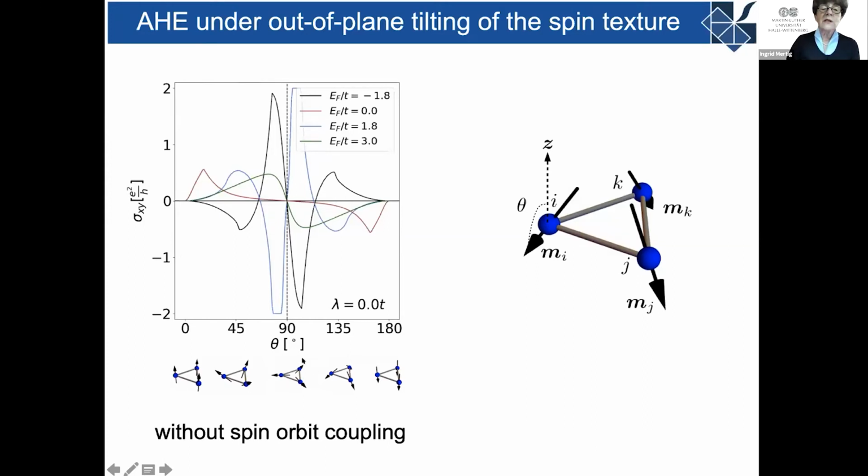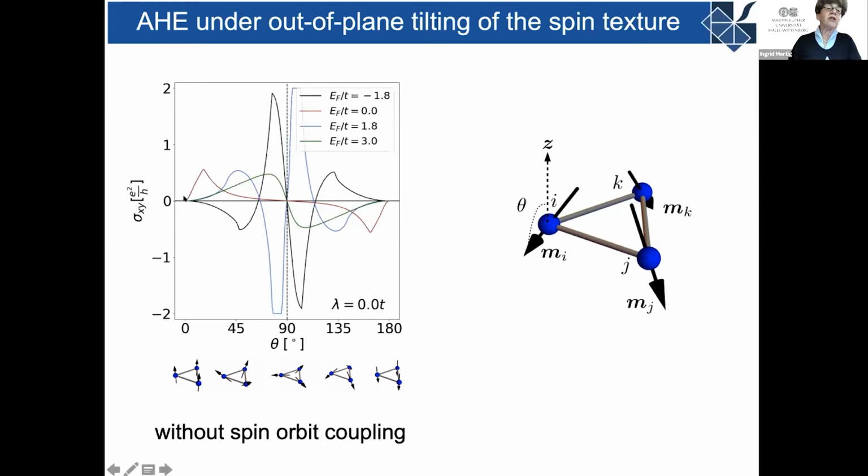So this was the system that I considered before, and without spin-orbit interaction, the anomalous Hall effect was 0, that this would be exactly this point, and it was 0 for different energies. I have shown you the energy dependence before.